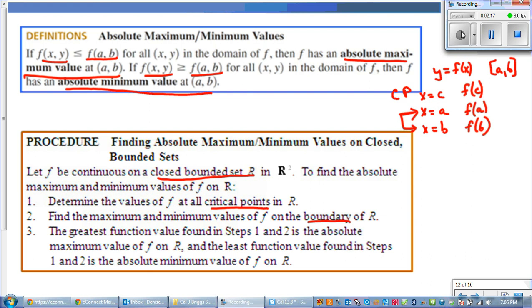So we'll have to identify the points on the boundary that would lead to the largest and smallest values, and find the critical points and find which of those lead to the smallest and largest z values. Look at the critical points for the open set, and then look at the boundary points, and then just figure out which gives you the very largest z values and which gives you the smallest z values.